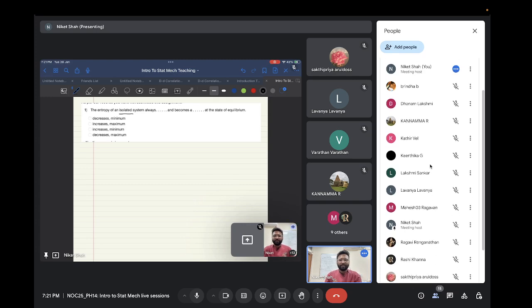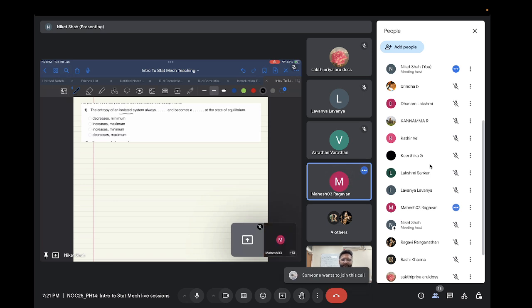Mahesh Raghavan, tell me the answer to this. I can see Mahesh in the meeting. Mahesh, tell me the answer to this. Good evening. Decreases and maximum.